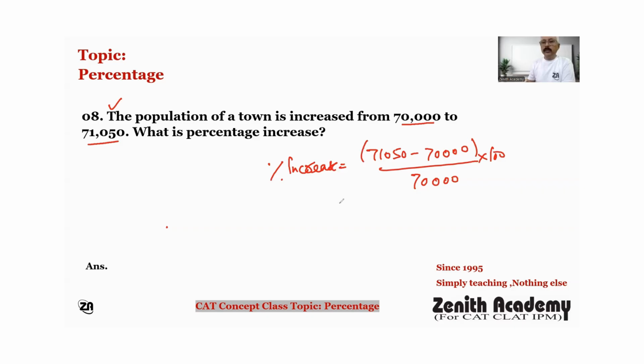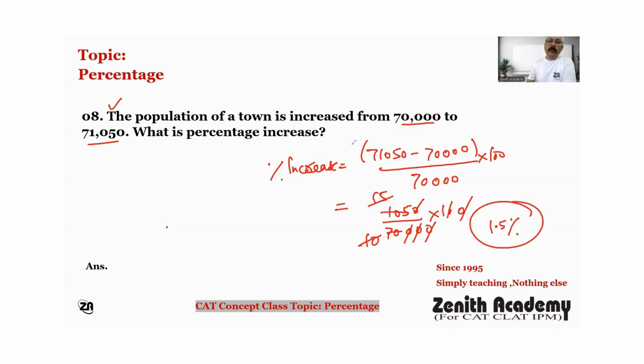Solve it and this is your answer. It is coming 1.5. So percentage increase is 1.5%. You got it? Now see the next question.